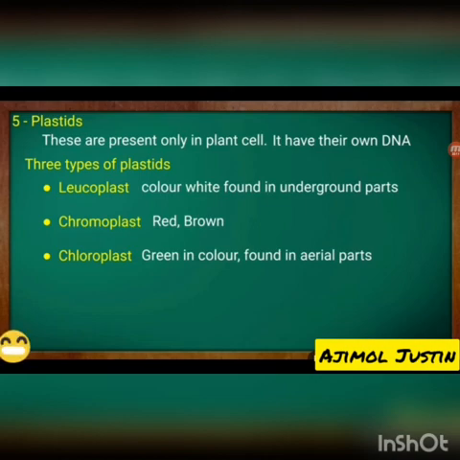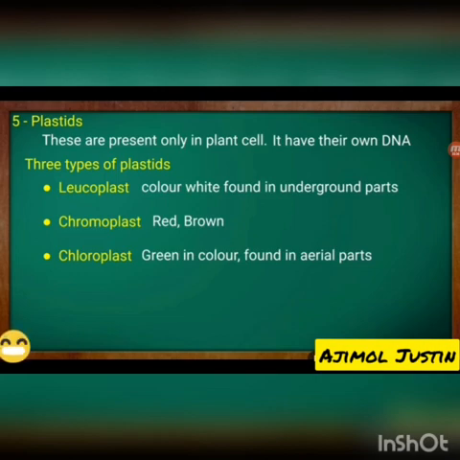Leucoplasts are white in color and are found in underground parts of the plant, for example, potato, which is the underground part of a plant. Chromoplasts are red or brown in color, and chloroplasts are green in color and found in aerial parts.